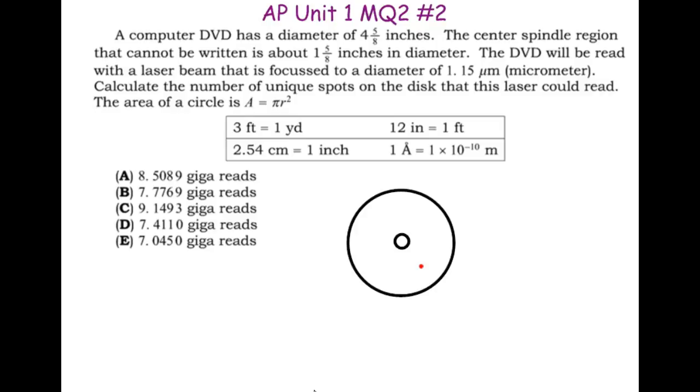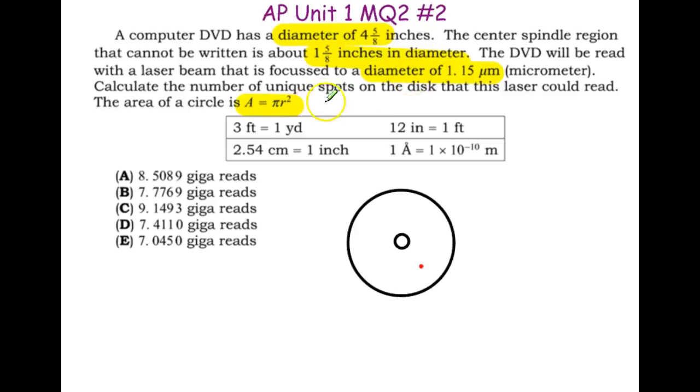So, the key information that we need to consider in this problem is the diameter of the DVD, the diameter of the spindle region, and the diameter of the laser that is reading the disc. They tell us the area of a circle, and we're going to have to determine the area for all three of these.